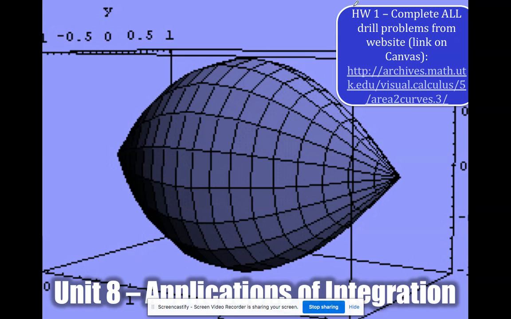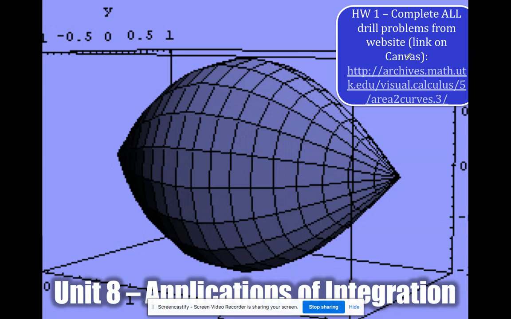The first homework assignment is on a website. So I've put the link on Canvas. Here it is if you want to access it through the PowerPoint. And actually on Canvas, I also have a handout with the URL address and some directions, because if you just go to the website, you're probably not going to be able to figure out what it is exactly that she wants me to do.